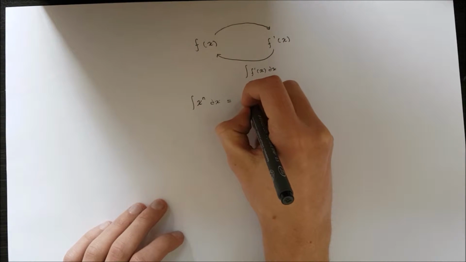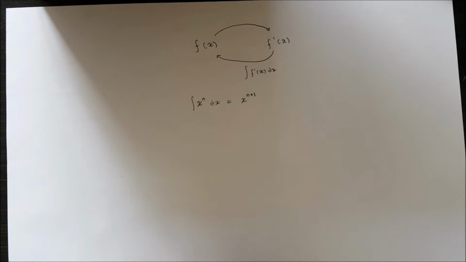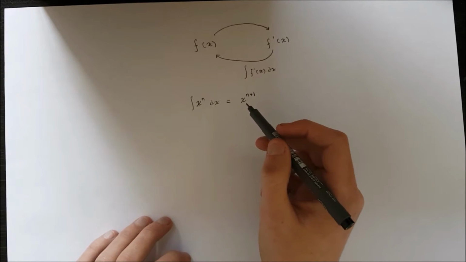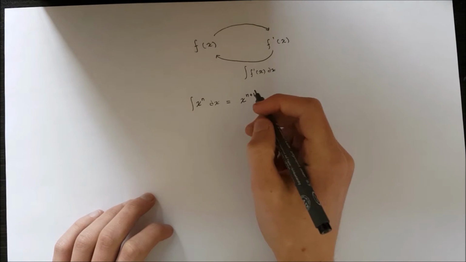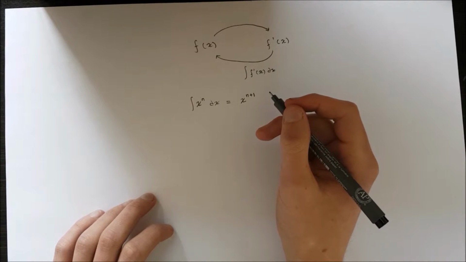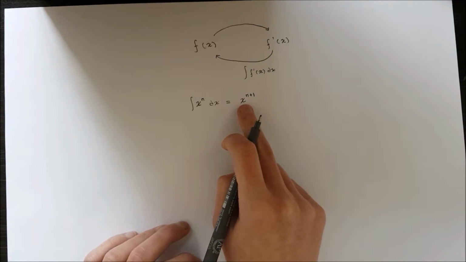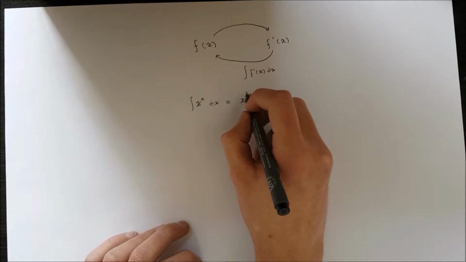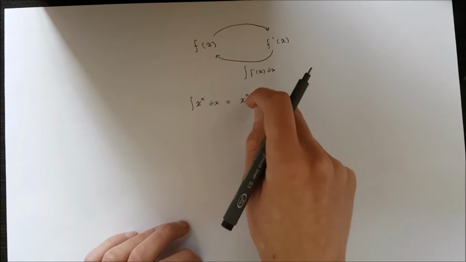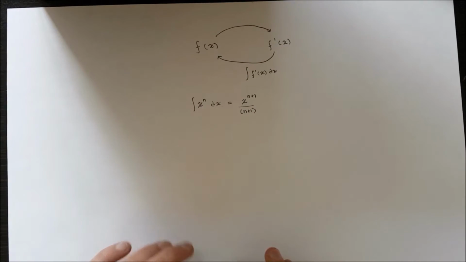It's probably going to go up one. However, if we find a derivative of x to the power of n plus 1, we're going to have n plus 1 multiplied in front, because of the exponent rule. So we'd have to divide by n plus 1 to cancel that out.